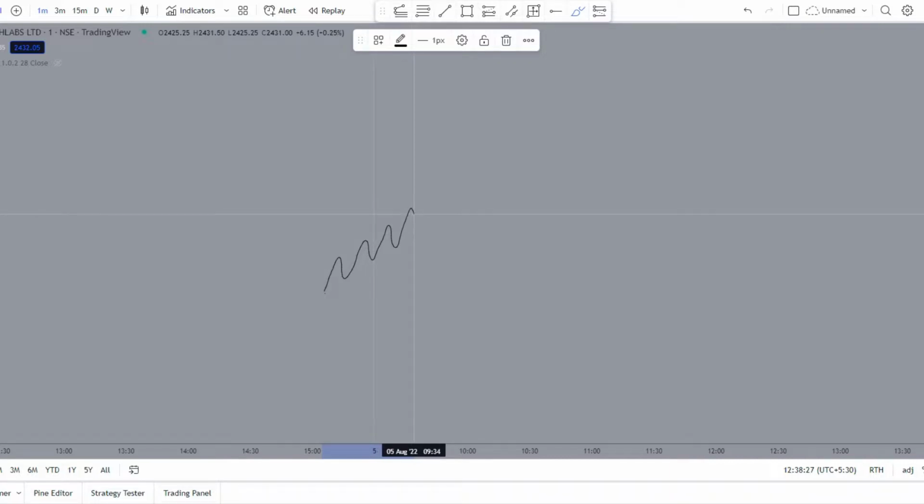But the market cannot move in the same direction continuously for a long time. So at some point, there will be sellers pushing the market down like this. And again, there is the possibility that the market may go into some sideways movement.